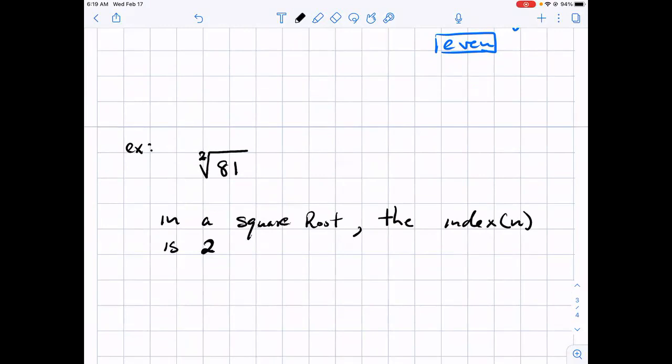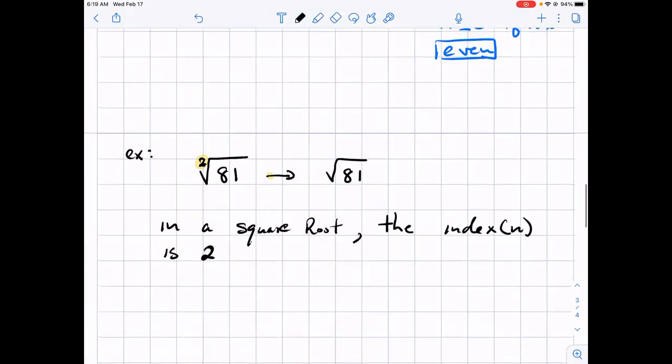So in a square root, we don't write the 2 there because this is called a square root. All we do is write this just as the square root of 81. We do not write the index, okay?